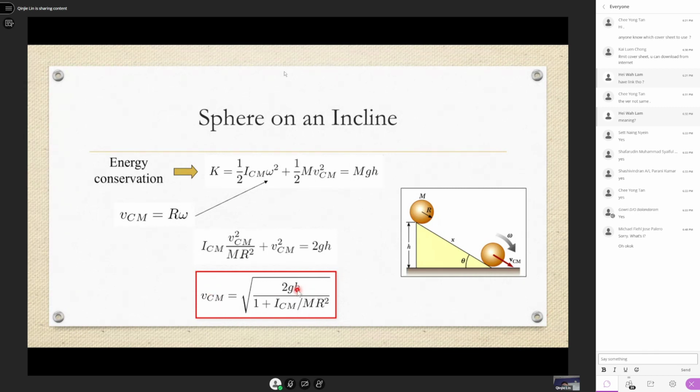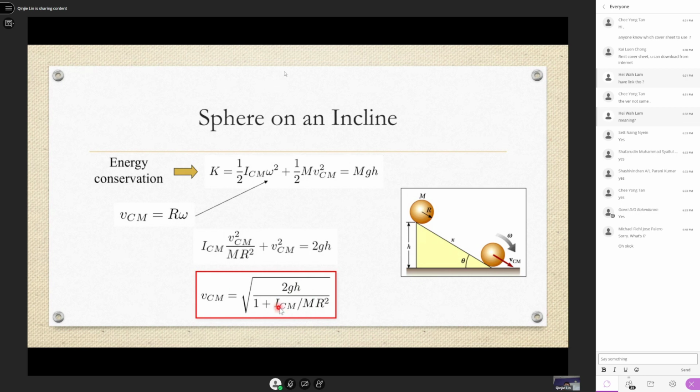So you can see this velocity at the bottom here, after going down a height h, the VCM at this point is determined by the height, obviously. So if you roll down from a greater height, VCM will be larger at the bottom point. That's why it's also affected by h.